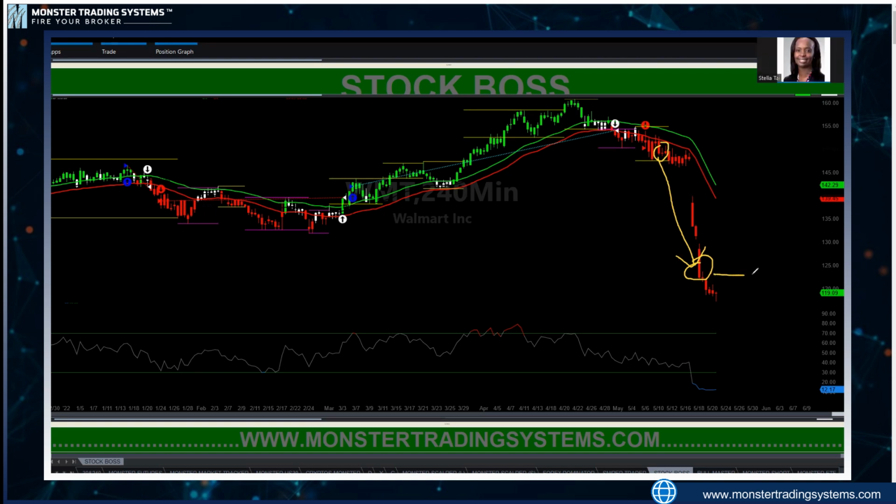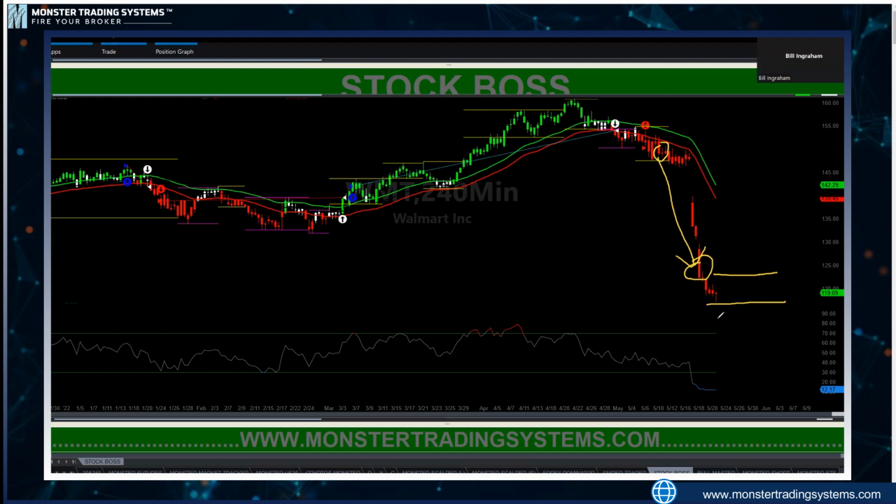Are we thinking of a purple resistance line or support line? Support and resistance. So what we're waiting for now is support and resistance. Does this price action have any support?